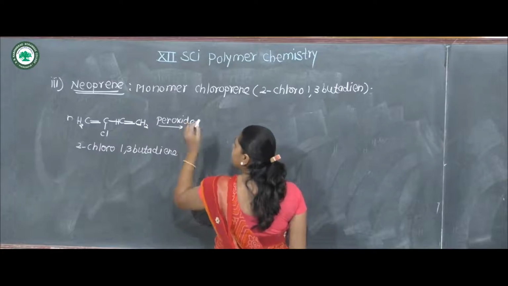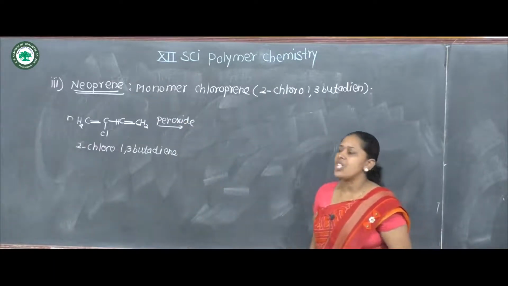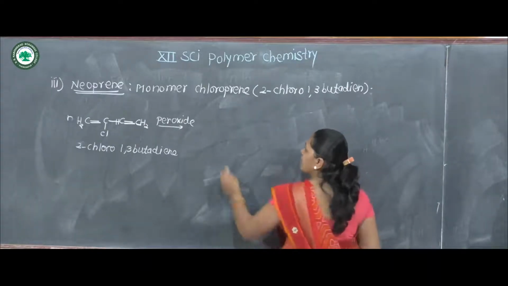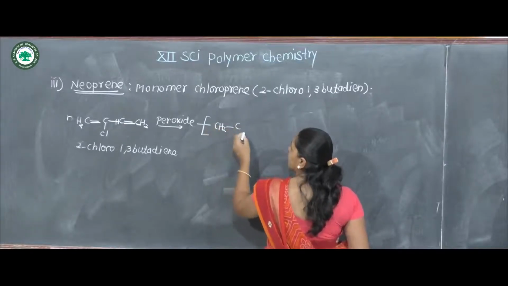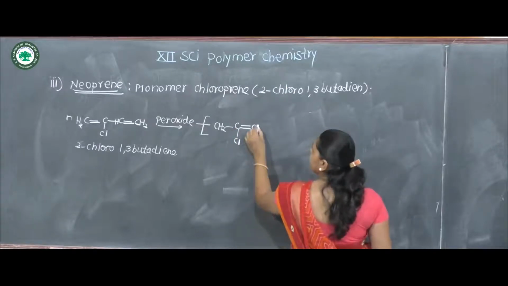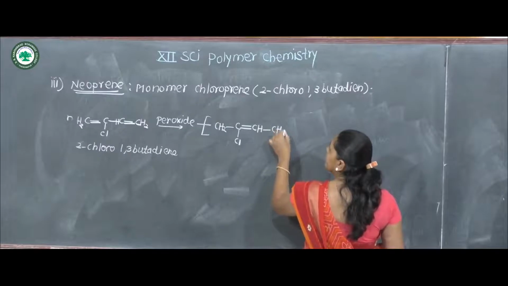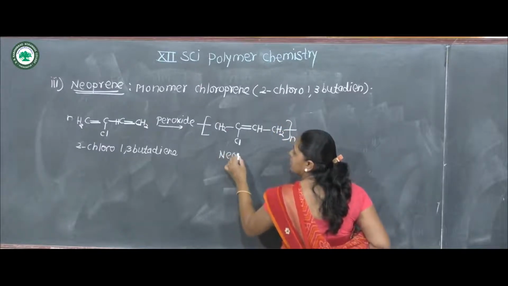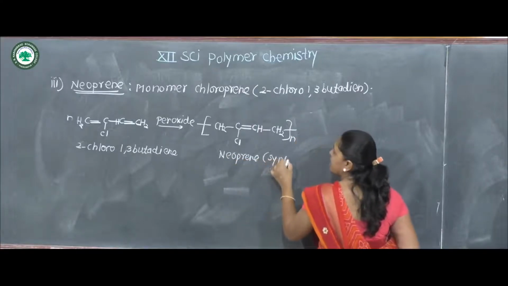What is the role of peroxide? Peroxide is used as a chain initiator for formation of free radicals to form neoprene. It is also called synthetic rubber.